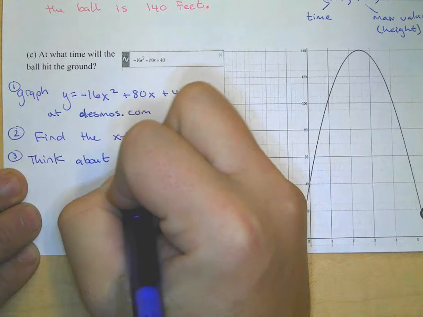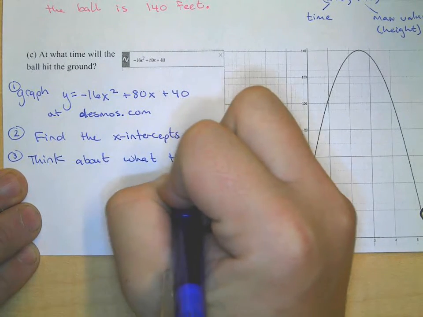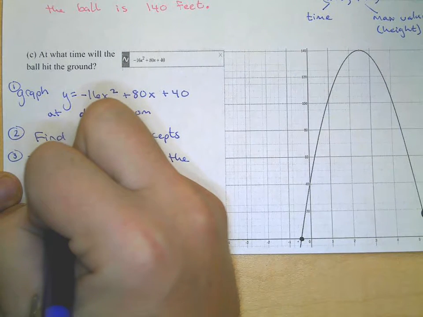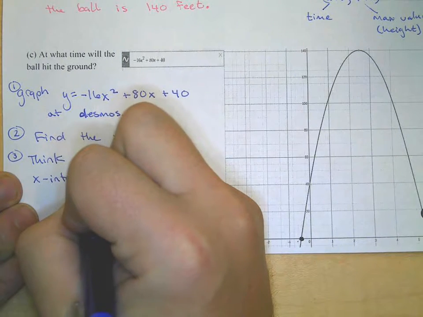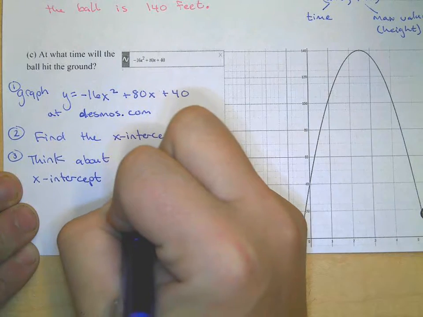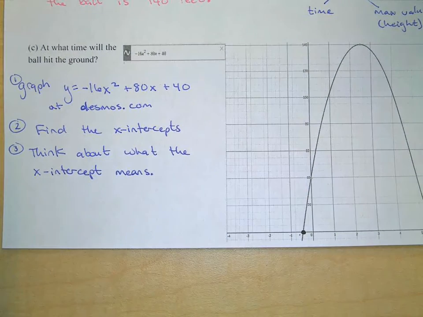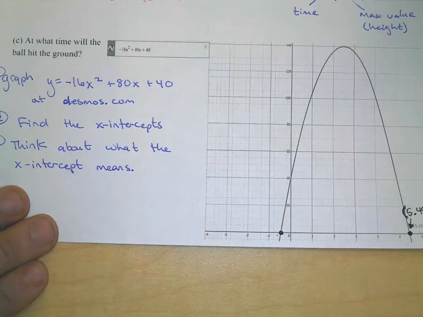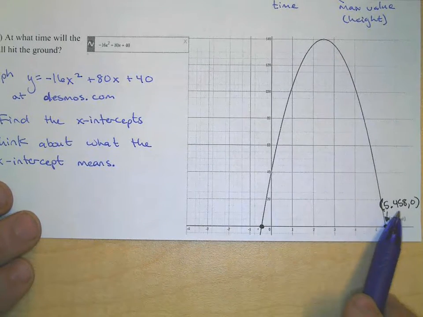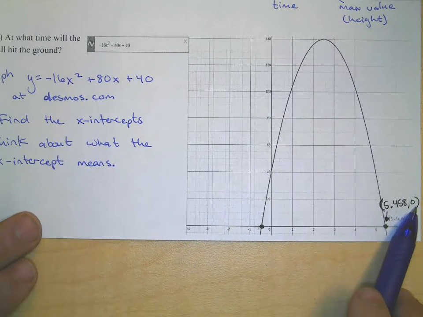So our third part is to think about what the x-intercept means. Well, what this x-intercept means is this is the time when the ball hits the ground.